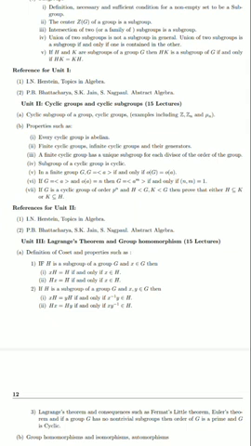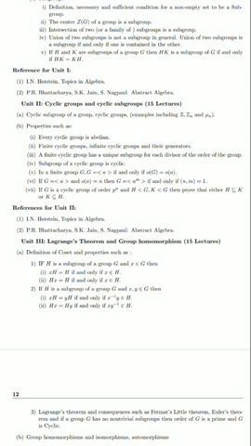In a finite group G, G is equal to the group generated by A if and only if the order of G is equal to the order of A. If G is equal to the group generated by A and the order of A is equal to N, then G is also generated by A raised to M if and only if GCD of N and M is equal to 1.